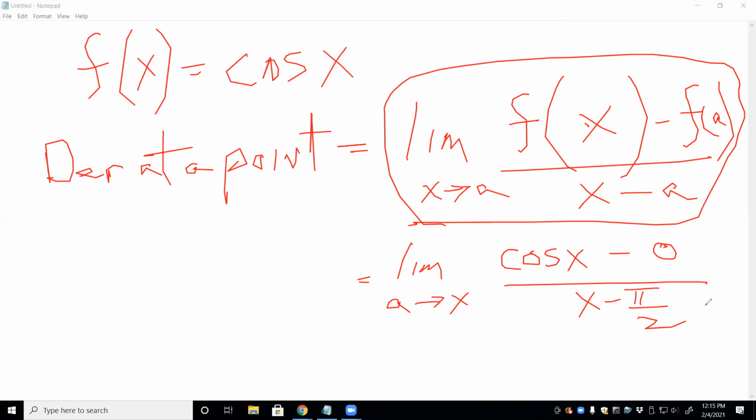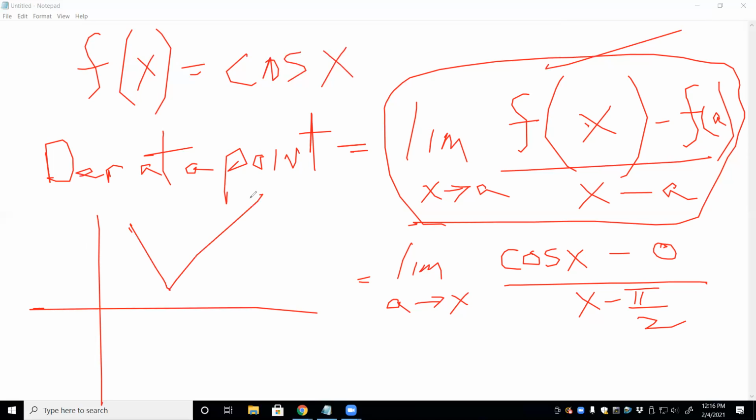I can open my book and find this particular definition, but that particular definition is only used when you really are trying to disprove continuity. Because you can prove that the slope from the left is not, in other words, if you have a function like this, what's the slope right there?